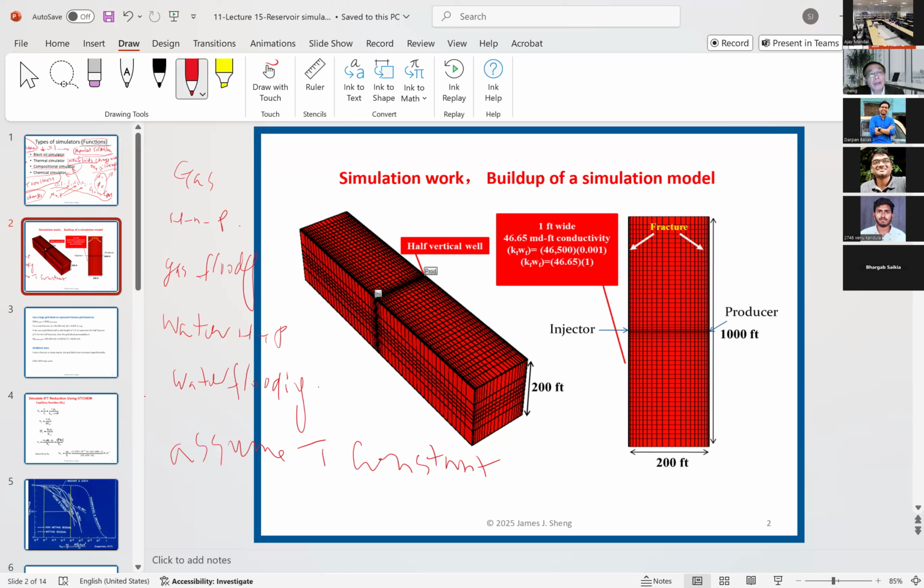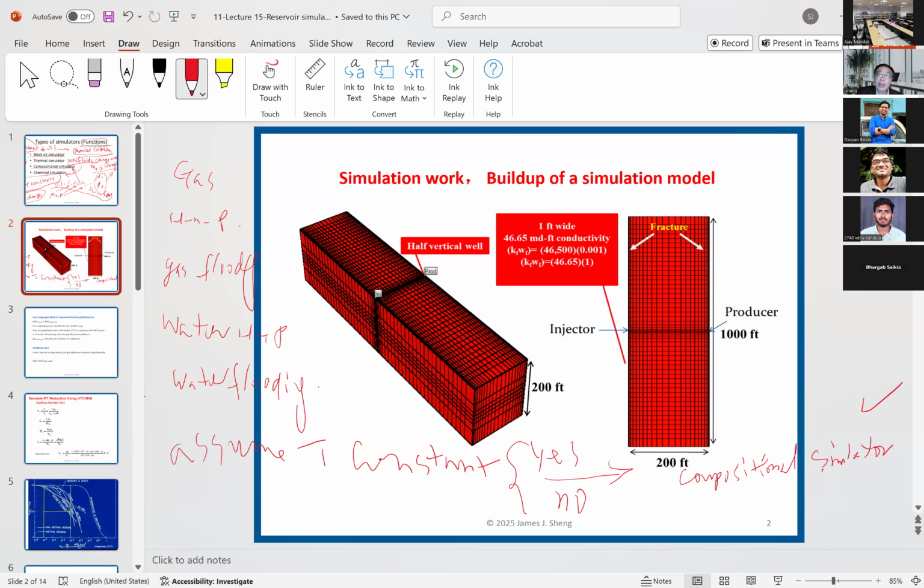And do we need to consider the different components in the oil? You could answer yes or no. If we consider oil components, then we use the compositional simulator, which I did.